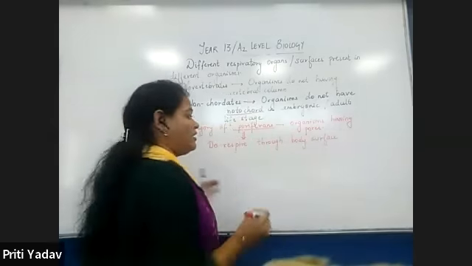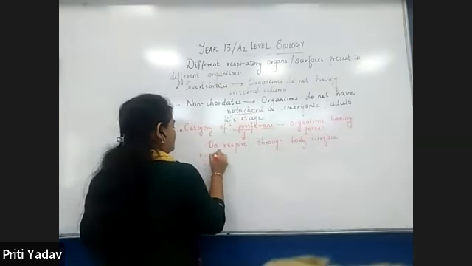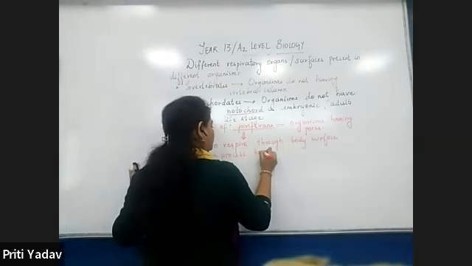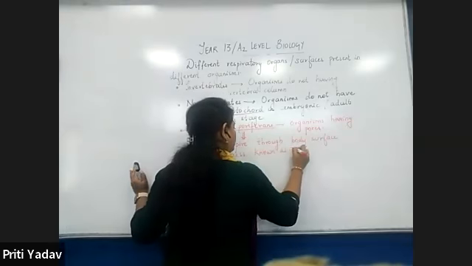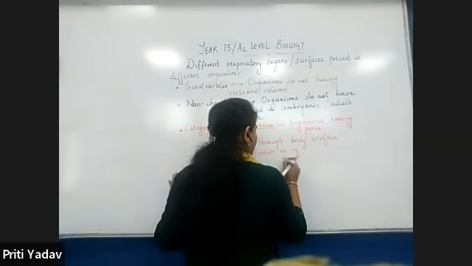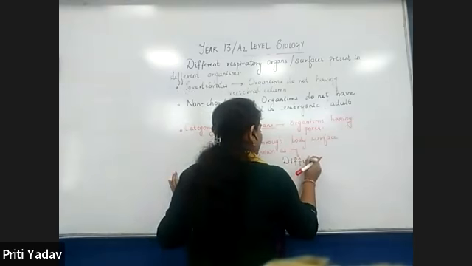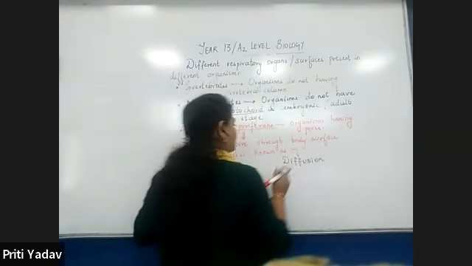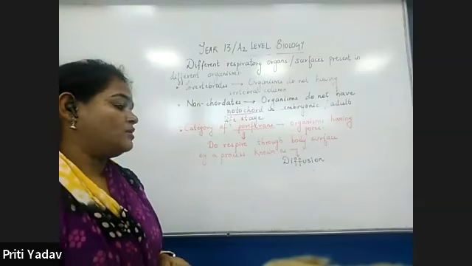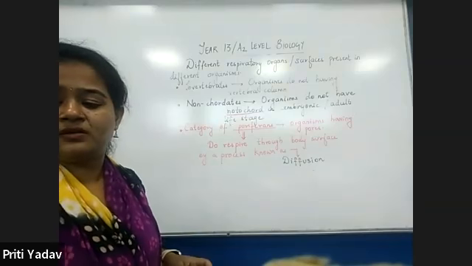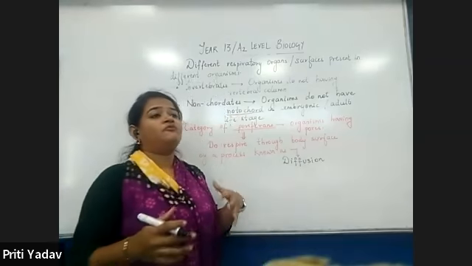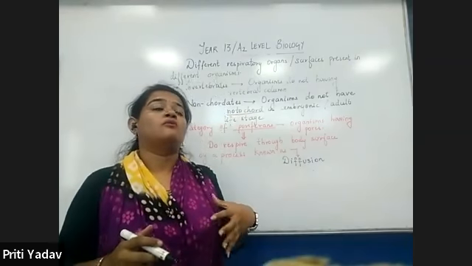By a process called diffusion. What is the process of diffusion? Diffusion is basically a process where there is transmission of substance, or we can say movement of solute or solvent.